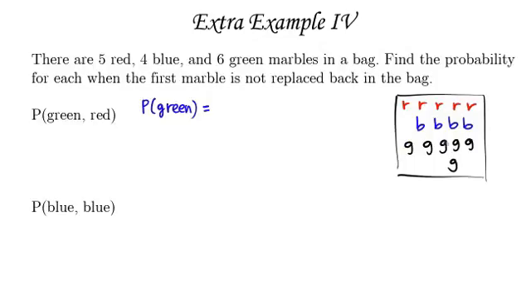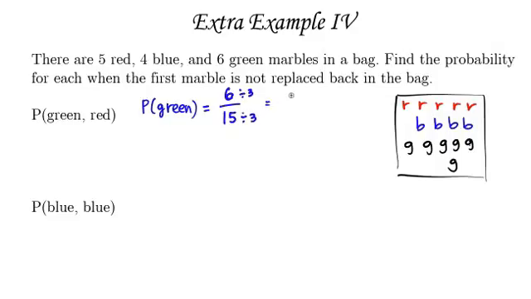I have 1, 2, 3, 4, 5, 6. 6 is going to be my top number over how many marbles do I have total in all? 1, 2, 3, 4, 5, 6, 7, 8, 9, 10, 11, 12, 13, 14, 15. So that's going to go right there. So the probability of picking a green is 6/15. Now, it's still a fraction, so I still have to simplify it, right? What number goes into both 6 and 15? They share a factor of 3.